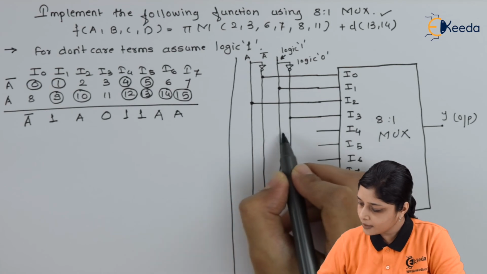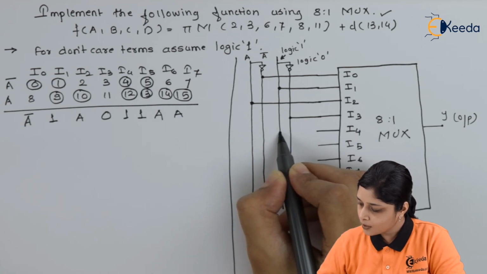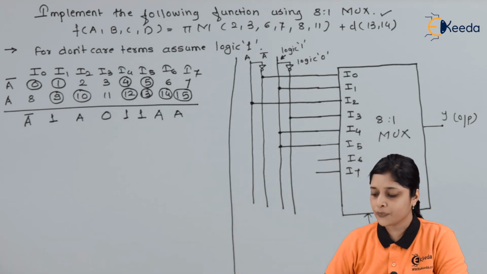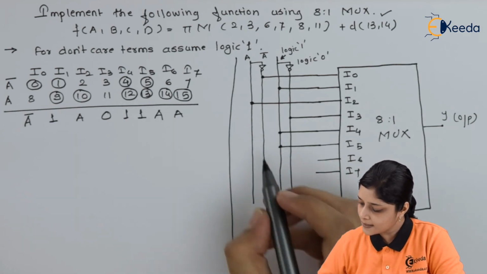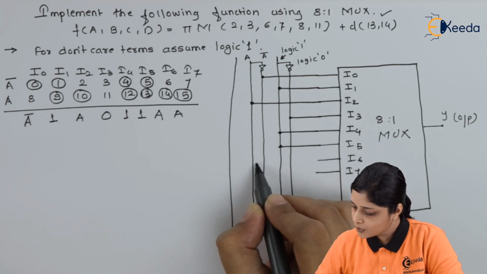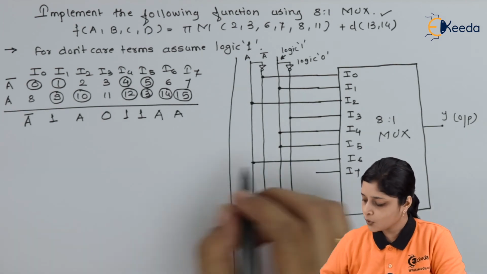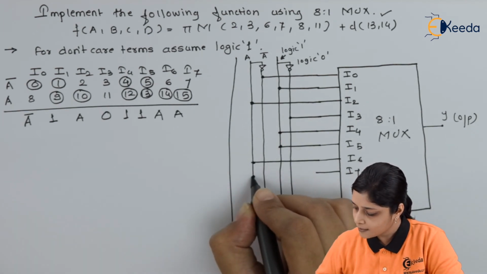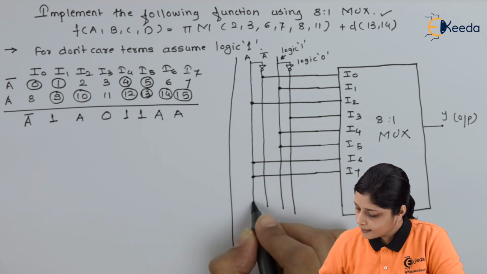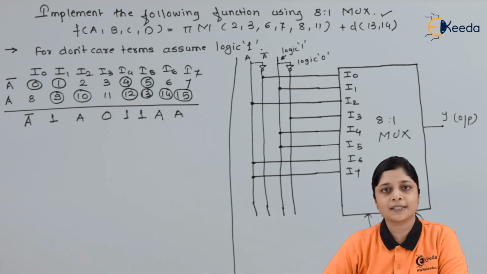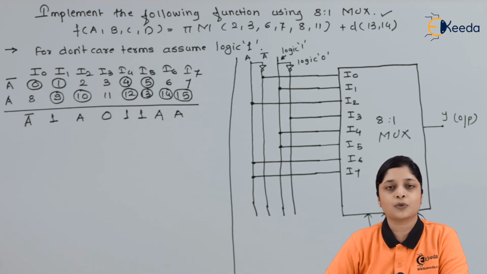Then again logic 1 for I4, logic 1 for I5, and for I6 you have to focus on A, and for I7 also we will connect it to A. In this way you have to complete your realization part of 8:1 mux, considering the max terms and don't care conditions. Assume don't care conditions as logic 1 and proceed with the problem.